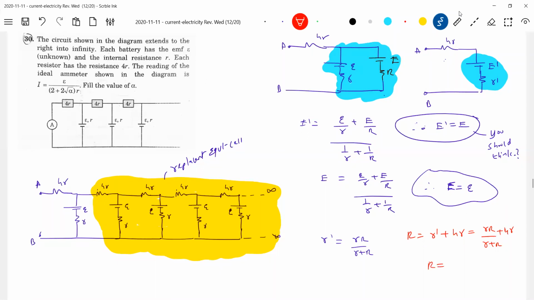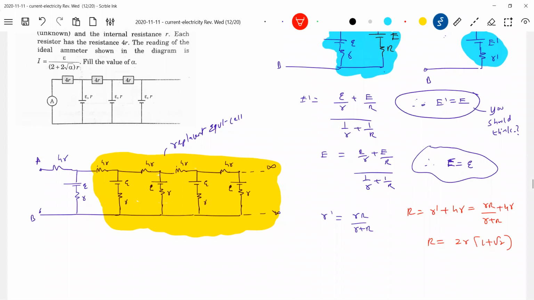Anybody value? 2r into 1 plus root 2. 2R into... no. What shall I do? Okay, finally I got it. What is the question? Now I'm going to connect this one. What should I connect? For this ammeter, everything should be replaced with an equivalent.